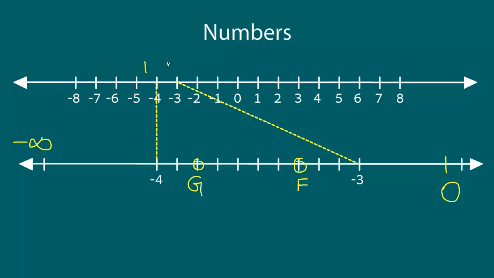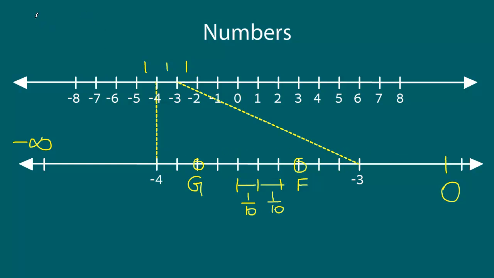That means they are all 1 unit apart. So this length, -4 and -3, this whole length is 1. And because we have divided them into 10 equal parts, the measure of each equal part is still 1 over 10. All of them are 1 over 10, right?